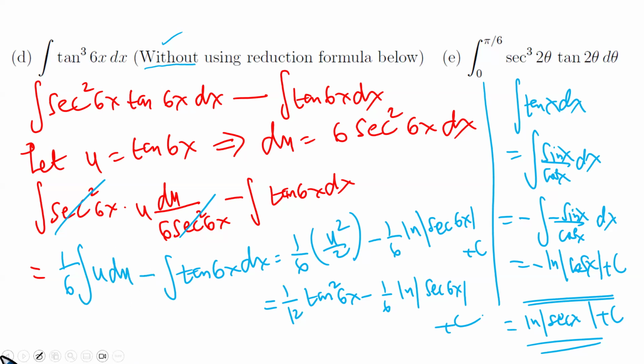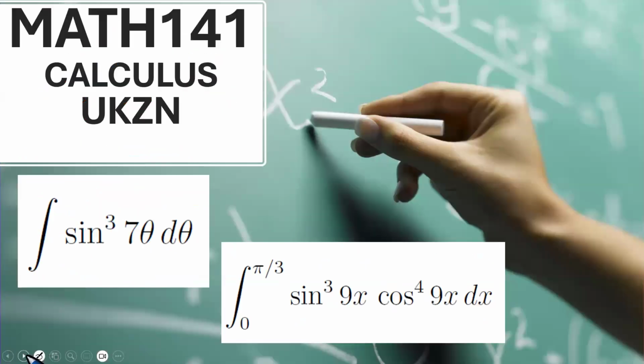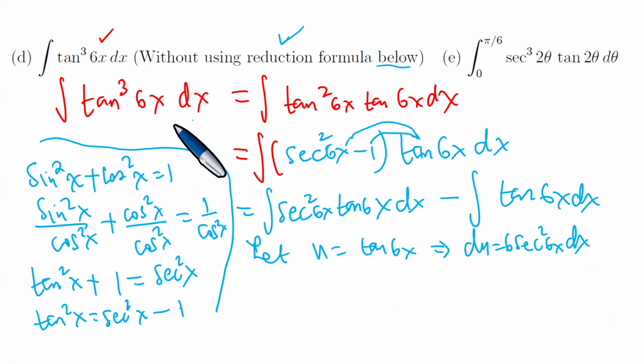For example, I'm just going to elaborate on that because if you look at this part D, you can also write it like this and also get to this point.